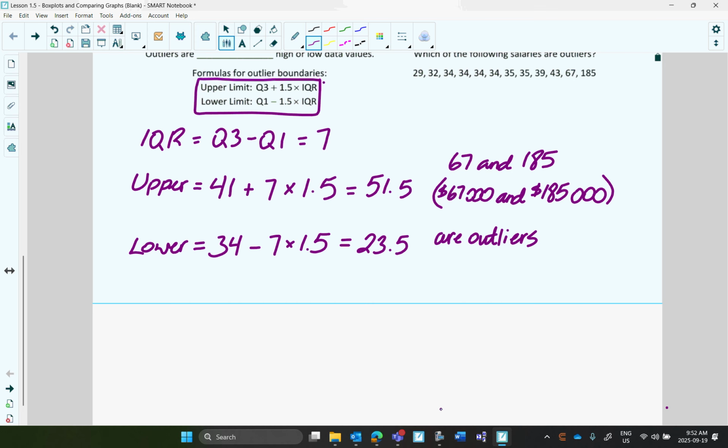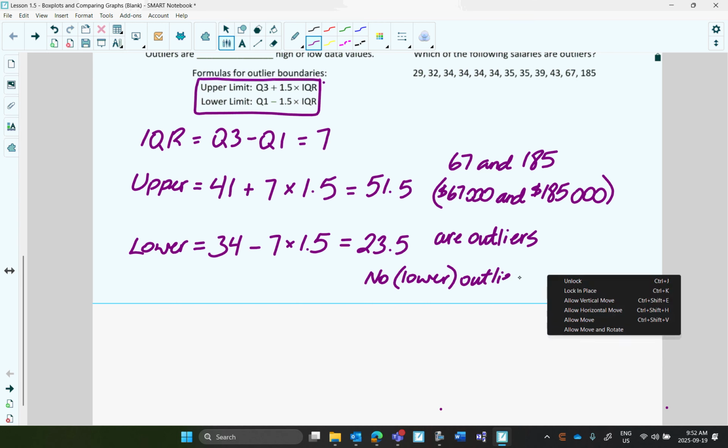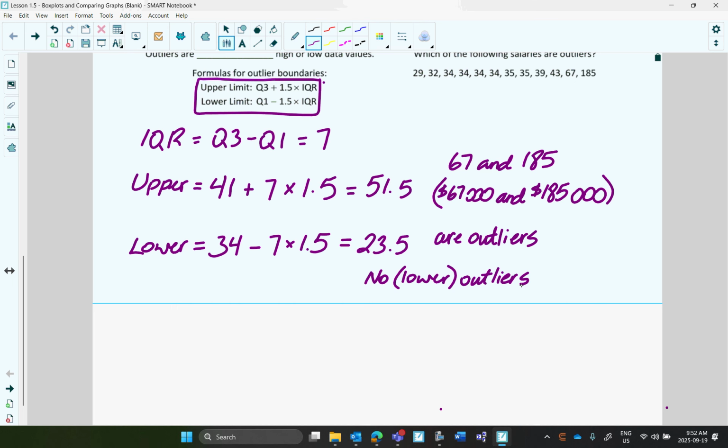No. So there are no lower outliers. So that's how we would calculate outliers.